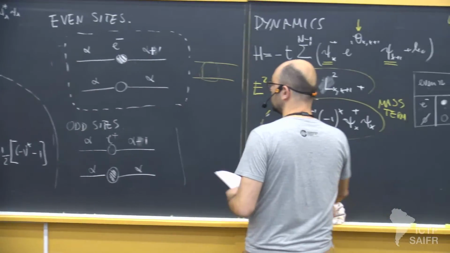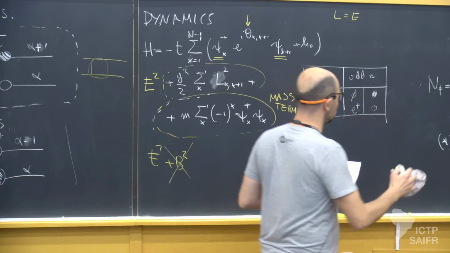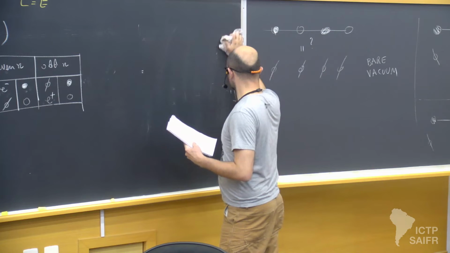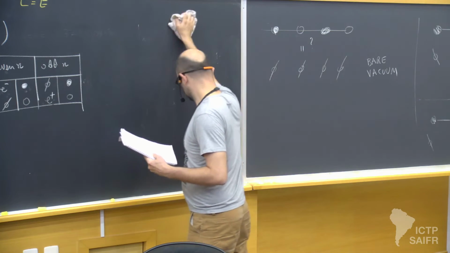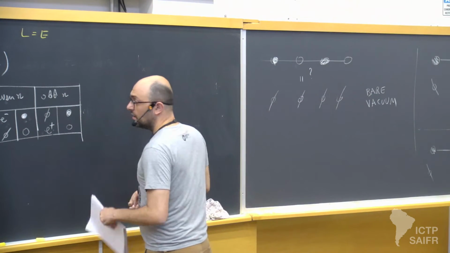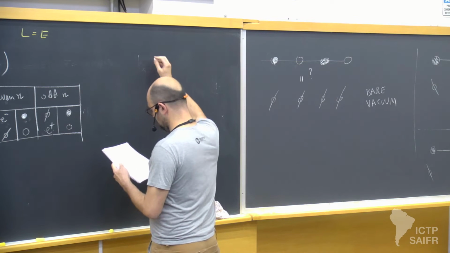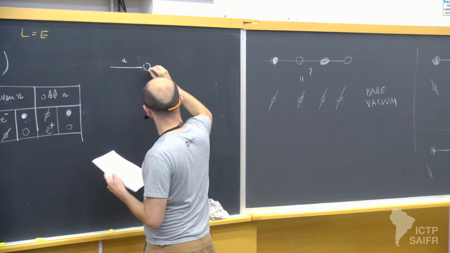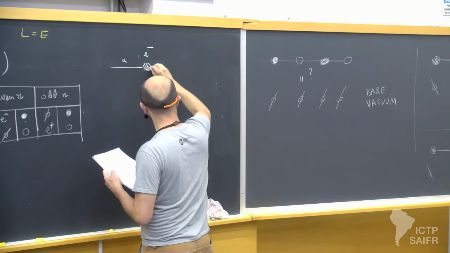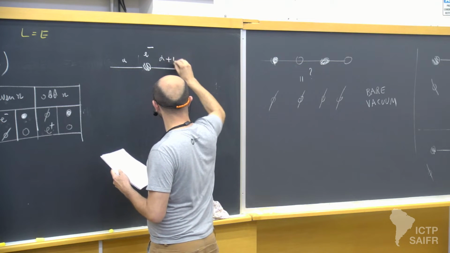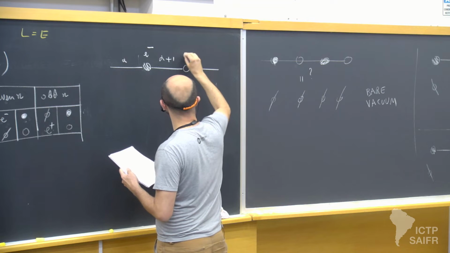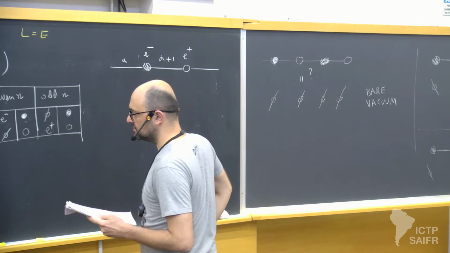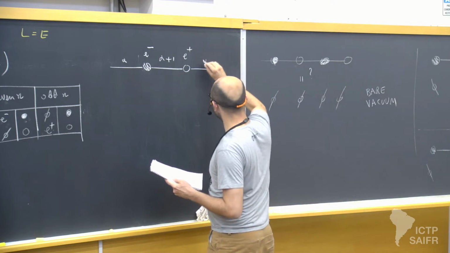And I do it as follows. I can replace it here, and take a state which is alpha, an electron, alpha plus 1, positron, and after a positron there is alpha.